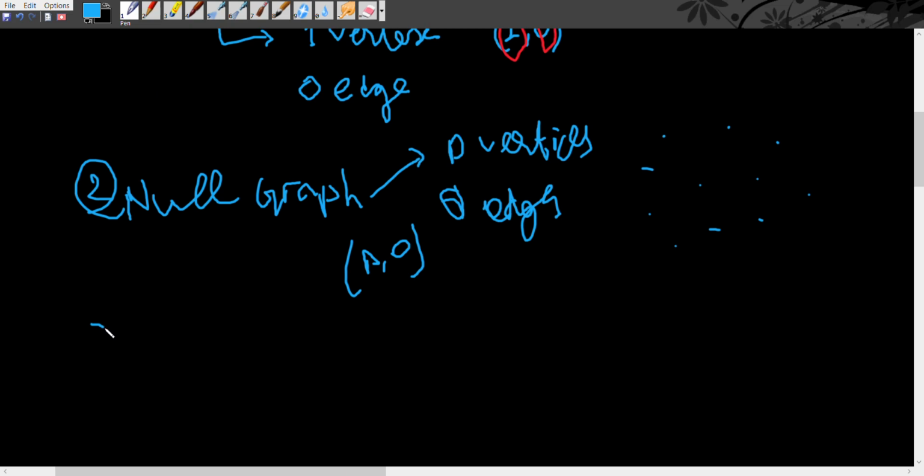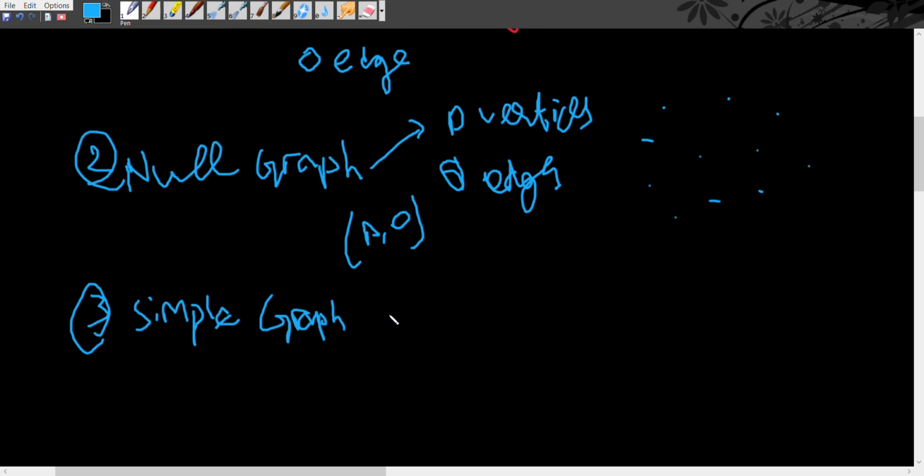The next type of graph is a simple graph, which we will deal with majorly throughout our course. A simple graph is a type of graph in which no multiple edges are allowed.